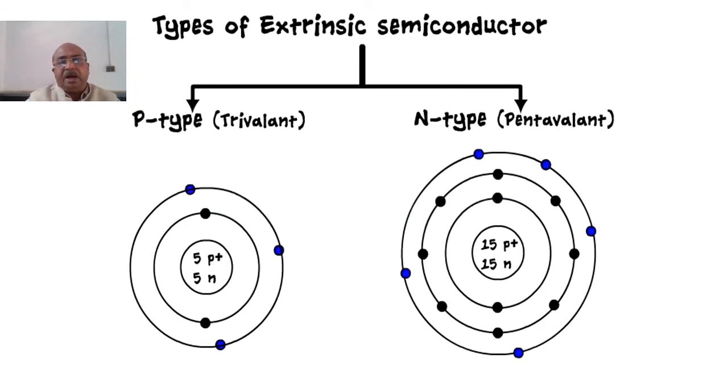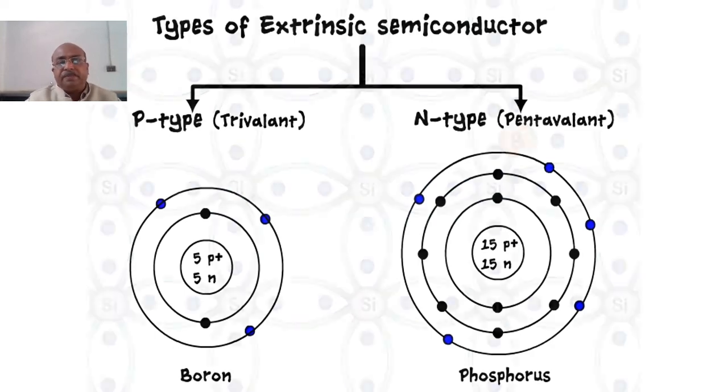Now, p-type is made with trivalent impurities, those in which there are only 3 electrons in the outermost orbit. And the second one is n-type, which uses pentavalent impurities, having 5 electrons in the outermost orbit. Here the examples are boron and phosphorus.